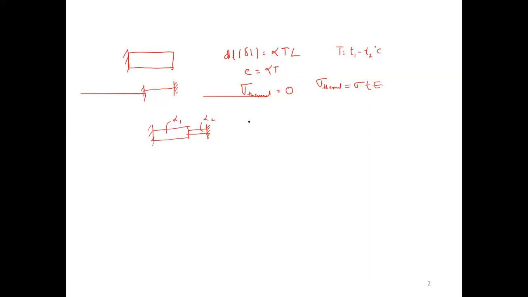What is the expected delta L? It is alpha 1 T1 L1 plus alpha 2 T2 L2, where delta L is delta L1 plus delta L2, which equals alpha 1 T L1 plus alpha 2 T L2.